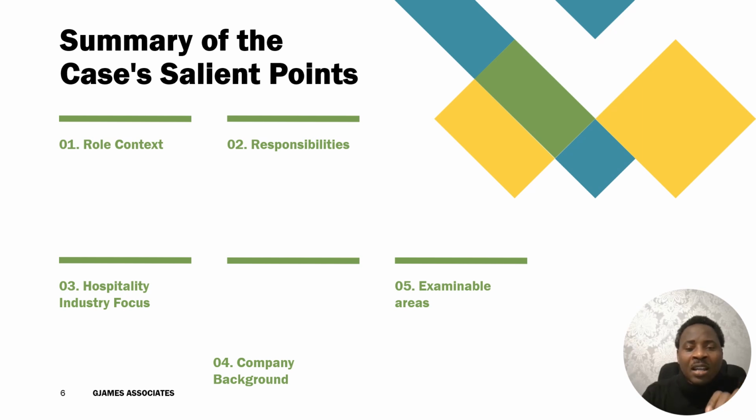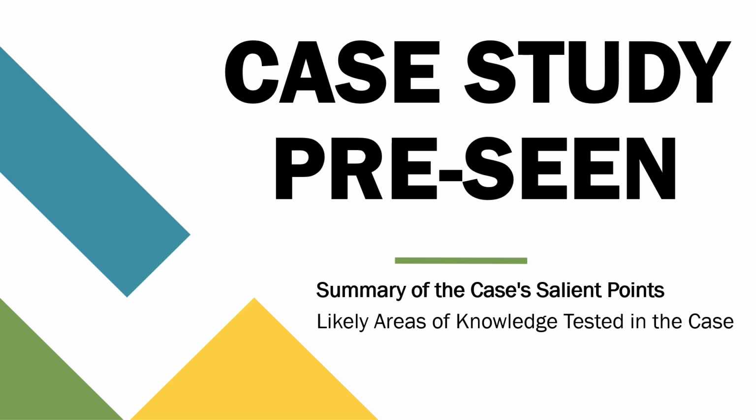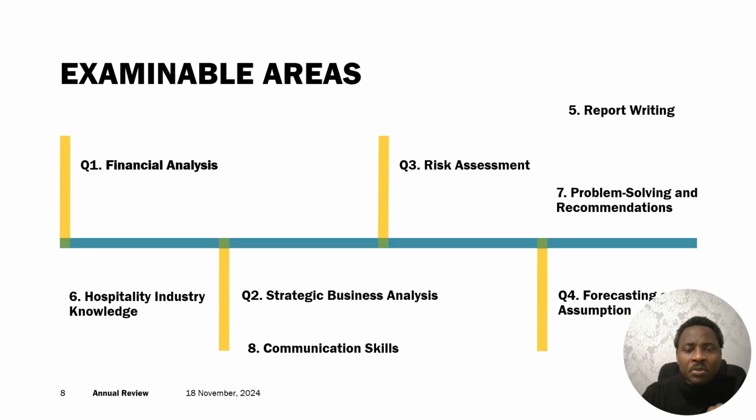As per the background, your organization is a 1,000 employee firm, reputable in the consulting industry. Okay, so we move on to examinable areas without wasting much of our time.